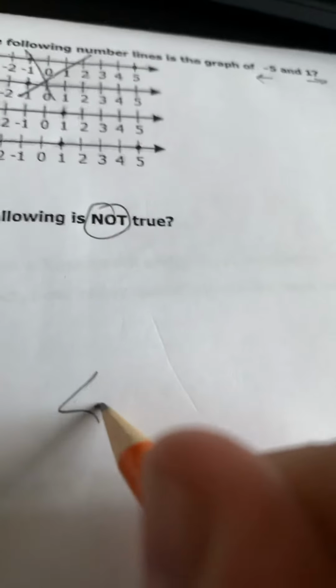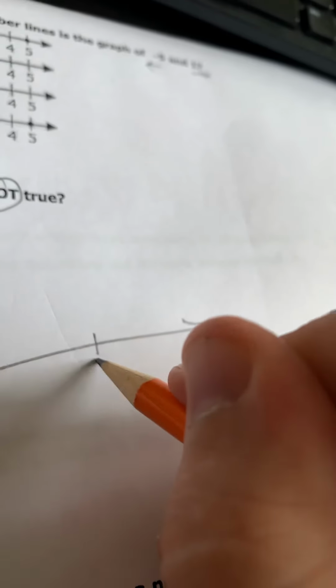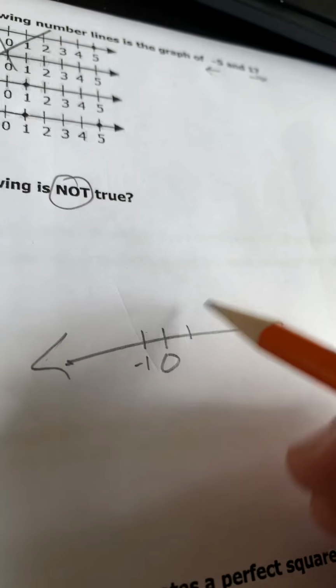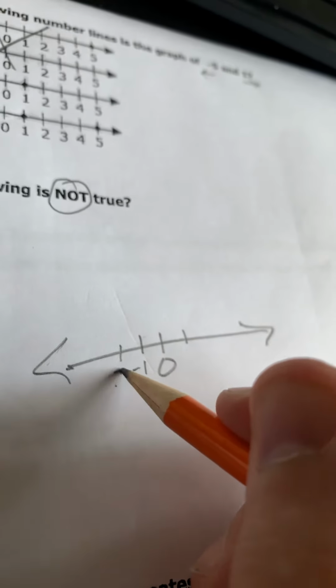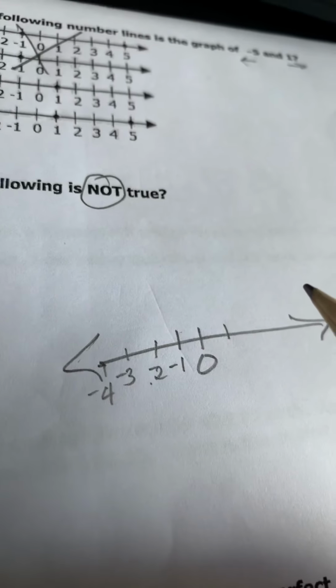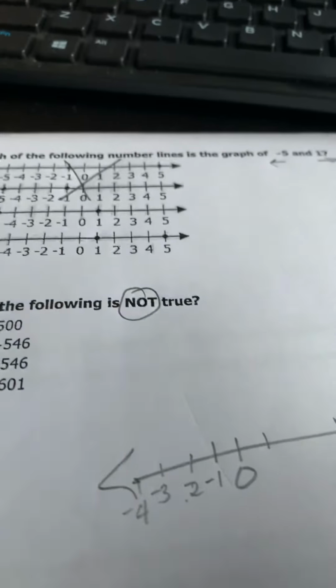Now, what you've got to remember is on the number line, if I draw out a number line here, here's 0. This first number is -1. It's basically the same over here, it's just backwards. So -1, -2, -3, -4, so on and so forth. Okay? So you kind of got to think backwards.